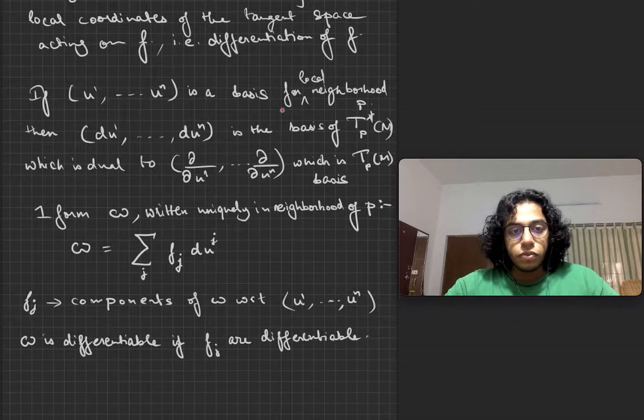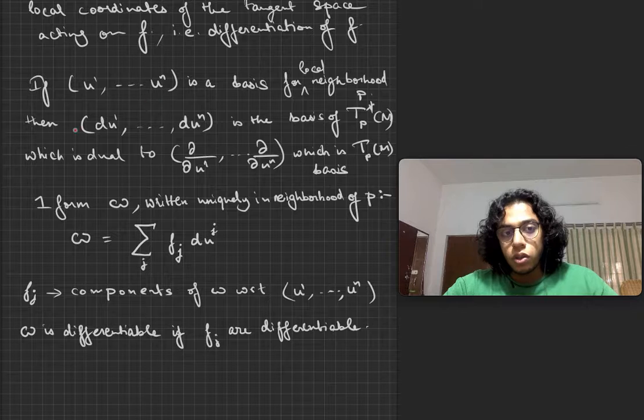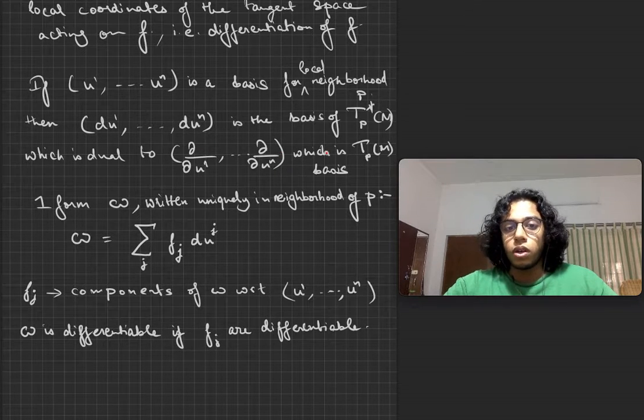Now moving on, what is the one form? We have visited the concept of a one form earlier, but let's go through another instance. If u1 to un is the basis of a local neighborhood, then du1 to dun is the basis of the dual of the tangent space of that neighborhood, where the tangent space is given by the partial derivatives with respect to u1 to un.